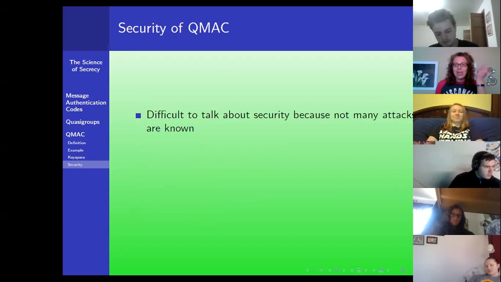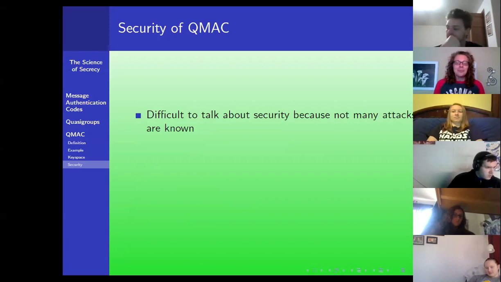How am I going to tweak my protocol to prevent against this attack? And when I did this, I was a graduate student at Iowa State University, and nobody really cares about my PhD dissertation besides me, who got to graduate with a PhD and teach at WLC. So there are not really very many attacks about this. It's hard to talk about security. If I really wanted to publish this, I would need to throw it out there and say, break this for me, please, and see if I could fix it.